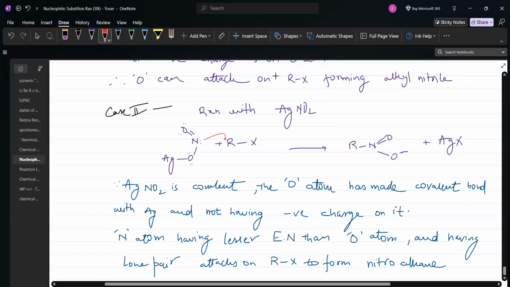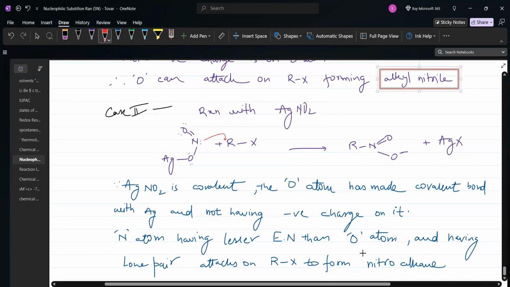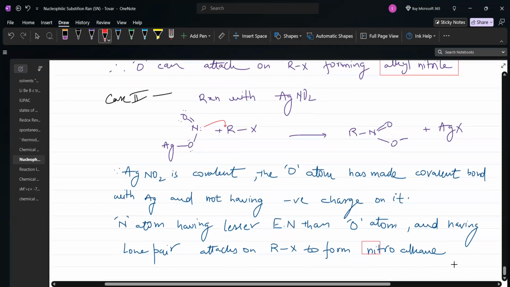Done, sir. Good. So in the first case, alkyl nitrite was the product, and in the second case, nitroalkane will be the product.